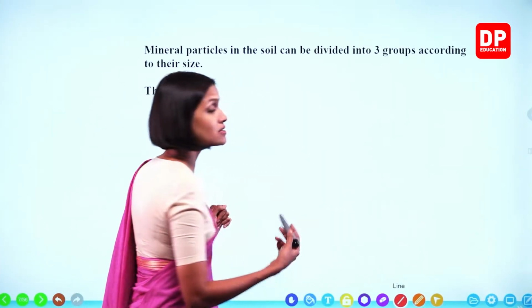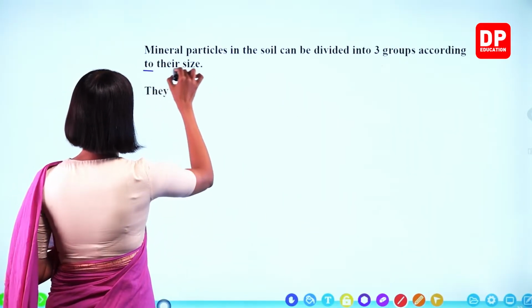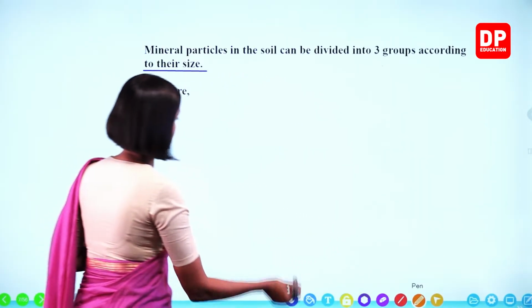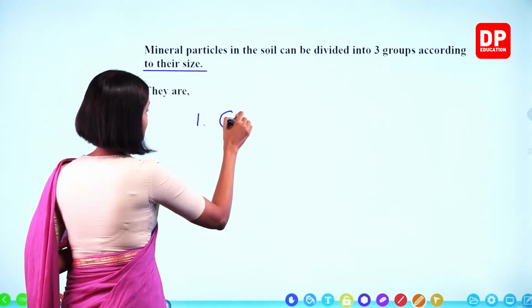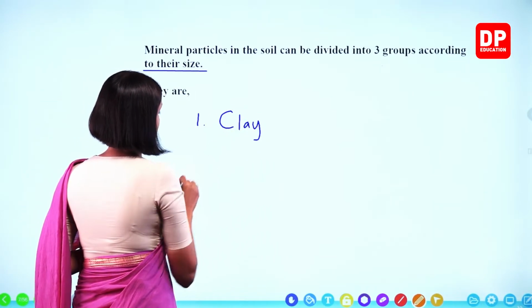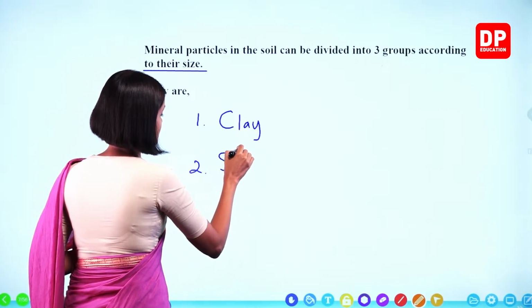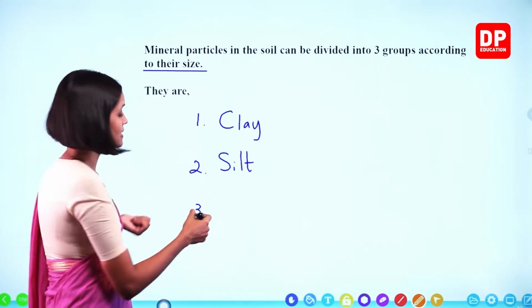There are three main types of minerals according to their size. So, what are these mineral particles, children? The smallest particles are known as clay particles. The second smallest one is known as silt. And the biggest particles are known as sand.